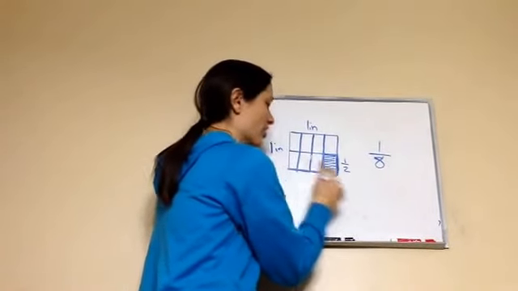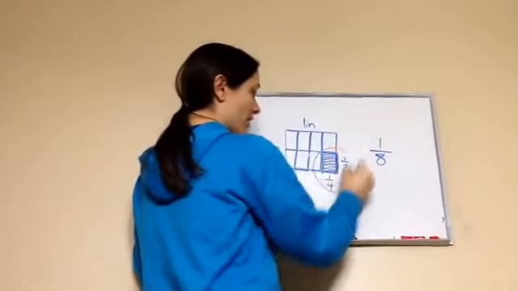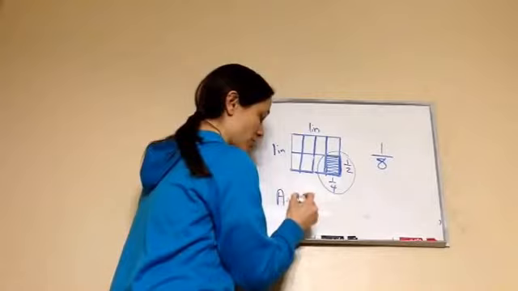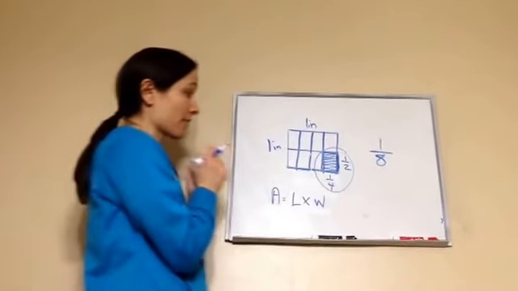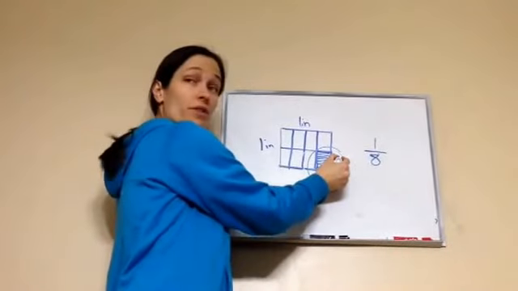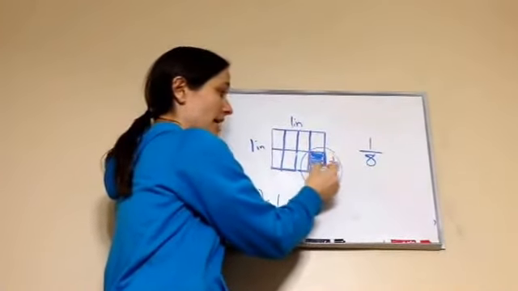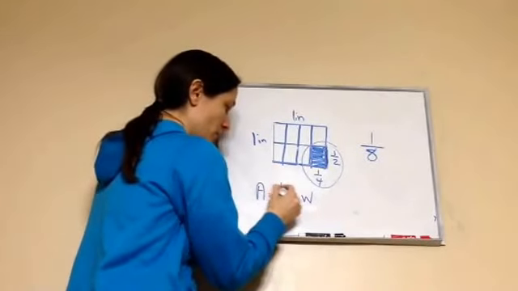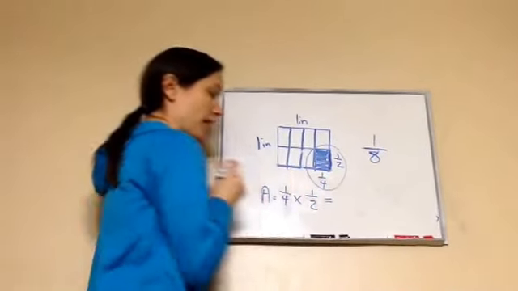A fourth. Very good. Now, if I asked you to find the area of this, remember what I told you the other day, area is length times width? Yeah. So I'm going to do 1/4 times 1/2 to figure out what the area is. Tell me what the answer is going to be.